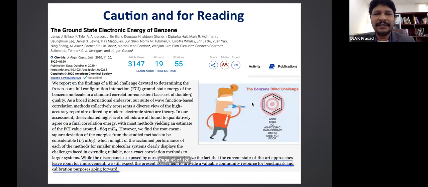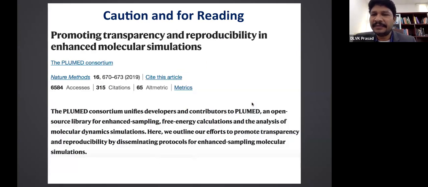Similarly, these days, it's frequently happening in terms of the molecular dynamic simulations. As you would see here, the title also indicates promoting transparency and reproducibility in enhanced molecular simulations. So most of these are these days due to rush and due to lack of computer time, probably most of these simulations are not reproducible.